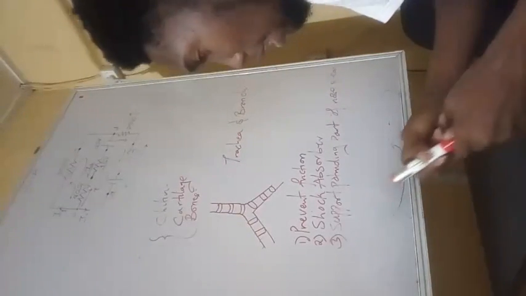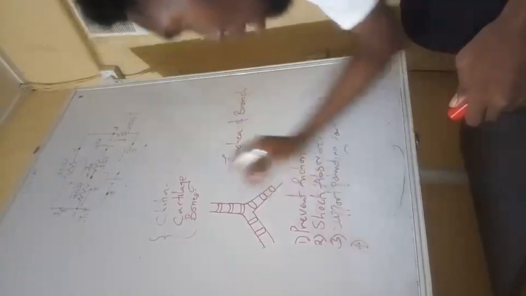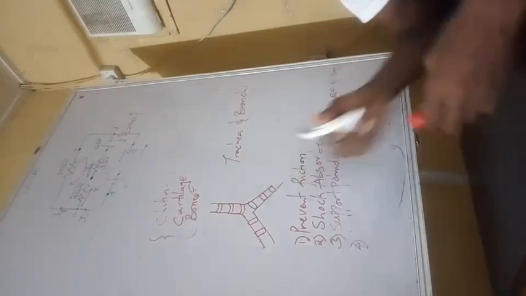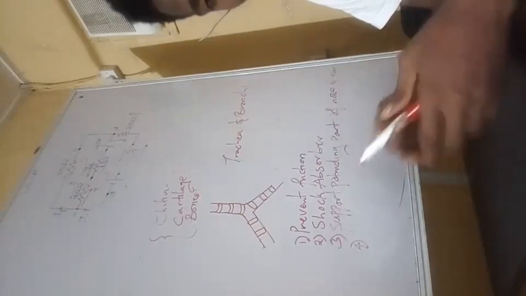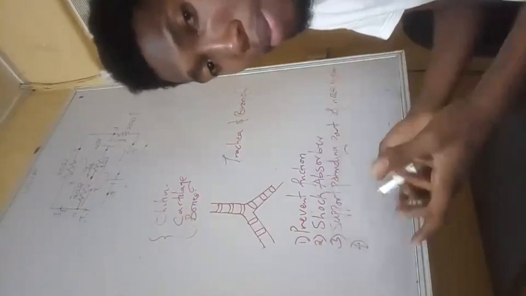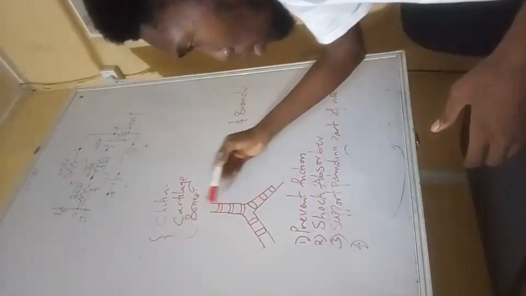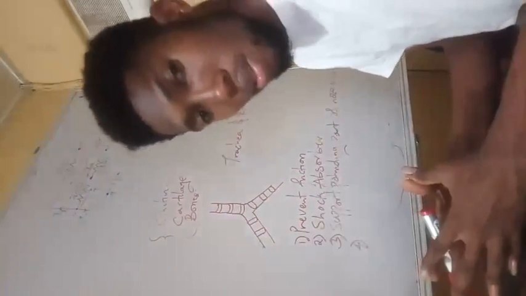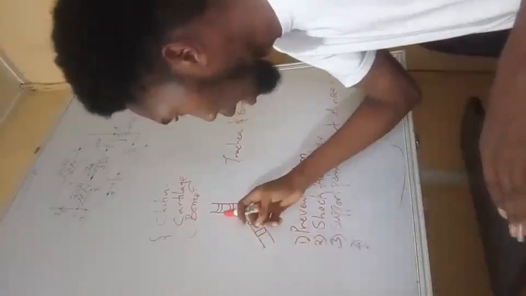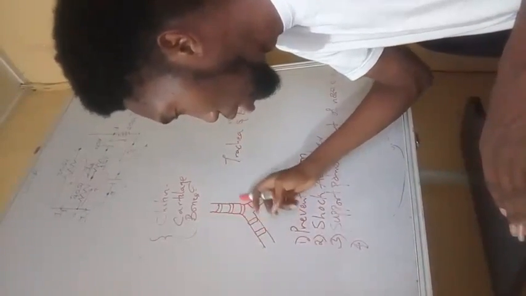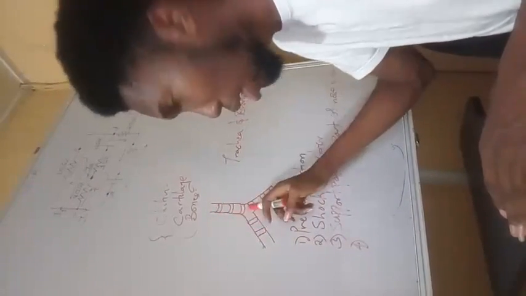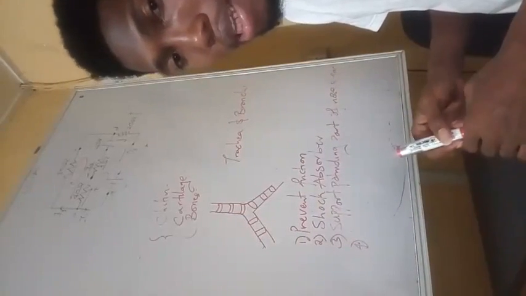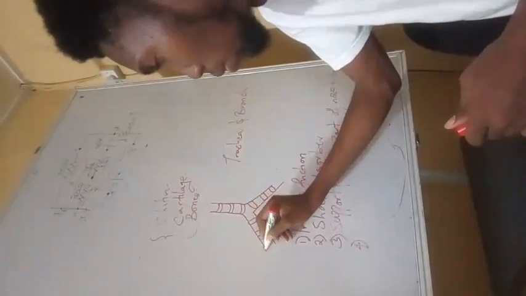Then the last thing I talked about is what I just finished talking about. It supports the trachea and the bronchi. It enables them to prevent them from collapsing. So we say they form a major component of the trachea and the bronchi, preventing them from collapsing. These are the cartilaginous rings on the trachea, and these ones are on the bronchi. You can write it down. It's now this one that will divide into bronchioles.